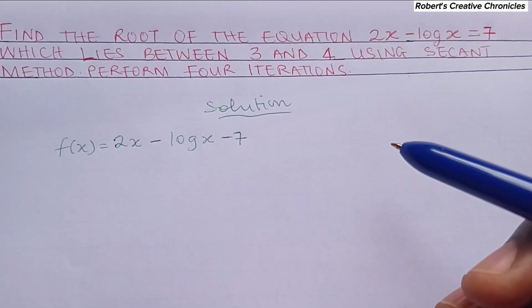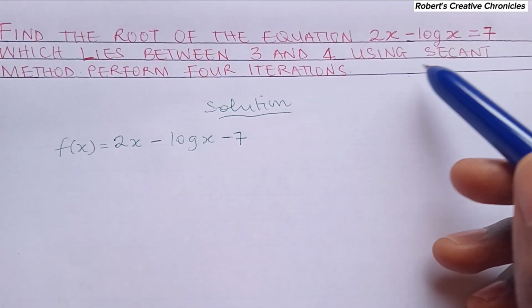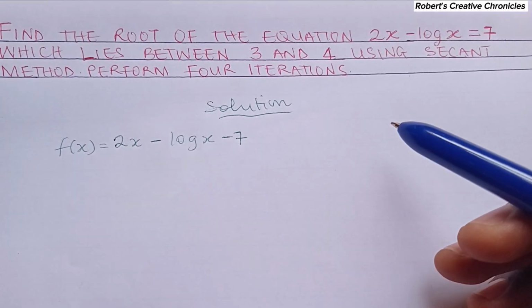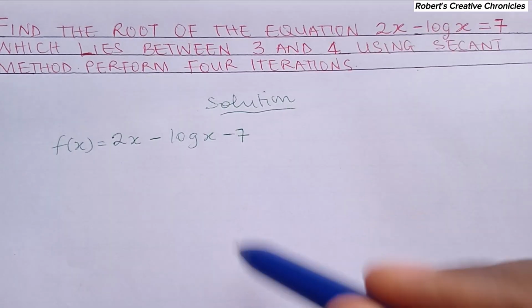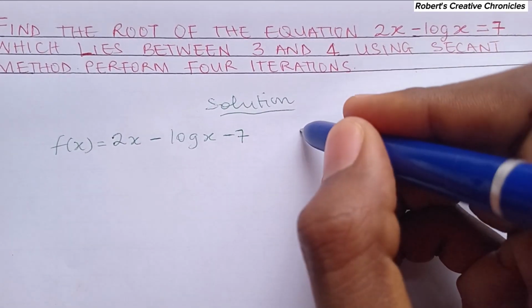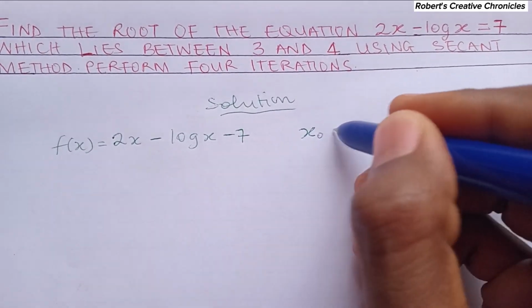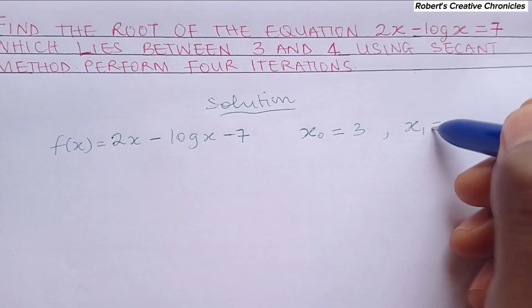In the secant method, unlike the other iteration methods, you use 2 initial approximations. In other methods like Newton-Raphson, Chebyshev, and the fixed point method, we use only 1 initial approximation. But in the secant method, we are going to use 2, which are given to us in the question: x0 is equal to 3, then x1 is equal to 4.